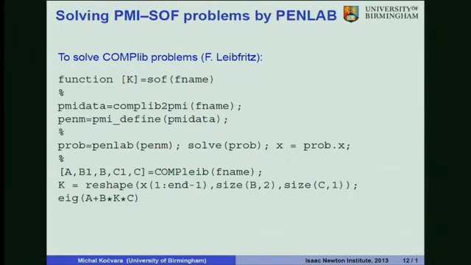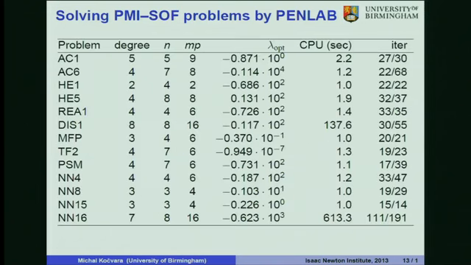But okay, that's there as well, so that's part of the PenLab distribution. So now if you want to solve that static output feedback problem, you take any example from the library, just give it as an input, and you solve it, and then you check if the solution is a good solution.